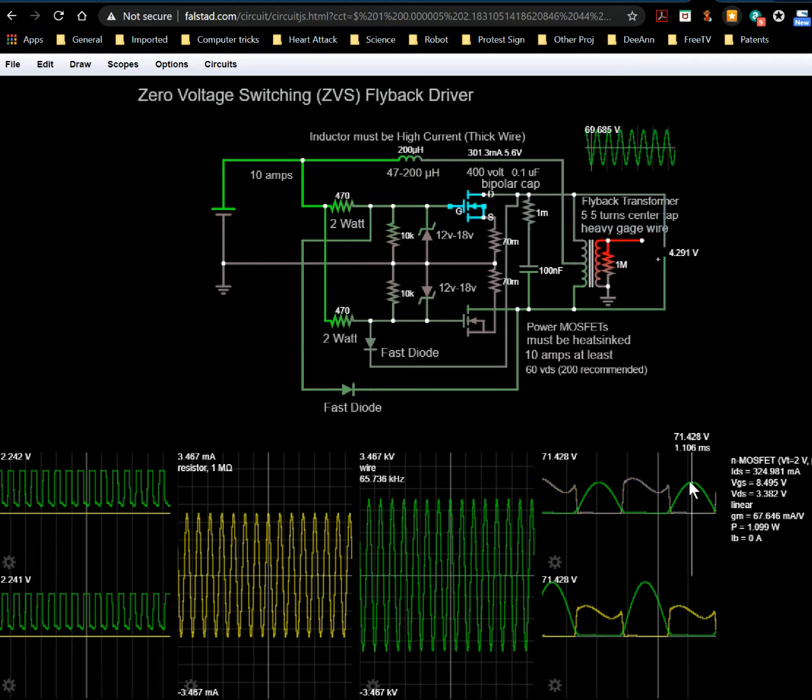But still, that's 71 volts, which is a little higher than I would tend to predict, because 24 times 2 times 1.414 is 67.8 volts. Well, this is higher than that.